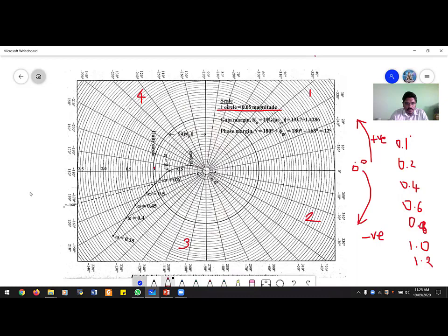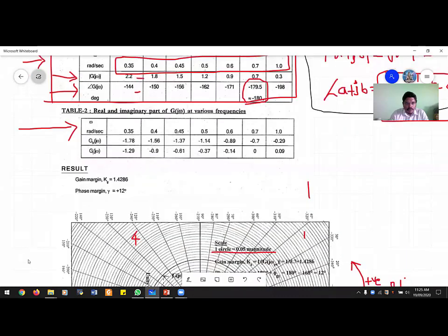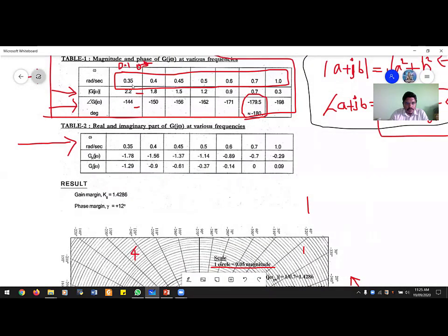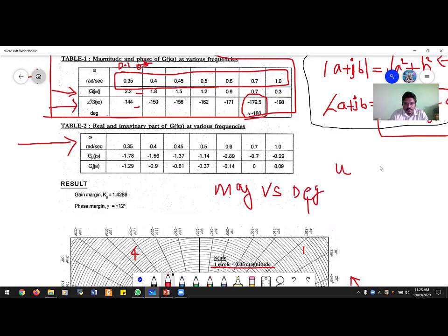Okay, so first, what comes? Whenever the frequency is 0.35, now our graph, we are going to draw for magnitude versus angle. You should be very very clear. In the Bode plot, what did we do? We plotted frequency versus magnitude.